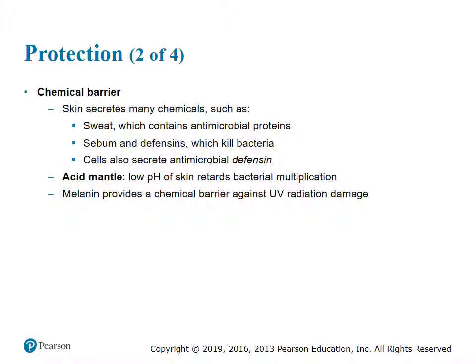So skin will secrete many different chemicals, right? Those chemicals act as a barrier to other things, right? We talked about antimicrobial proteins, dermcidin, right, is one of them. So many of these proteins get secreted from the skin, act as a nice little chemical barrier for other things like microbes to try to enter.